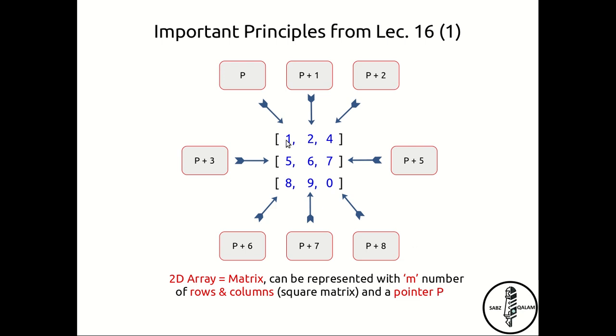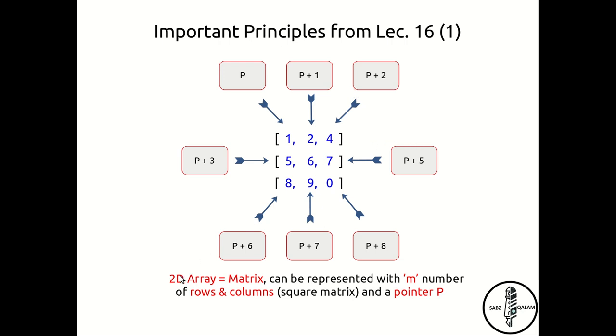So the pointer p will help point to the first element of the matrix, and then p plus 1 can point to the second, and p plus 2 will point to the third element, and p plus 3 will point to the fourth element, so on and so forth. If you want to have a revision, I would strongly recommend to go back and look at lecture number 16, where I've done this in a step-by-step fashion.